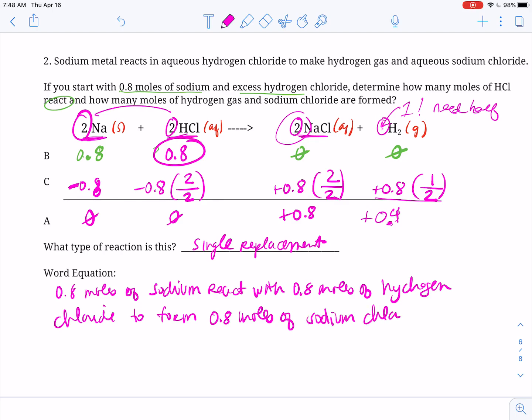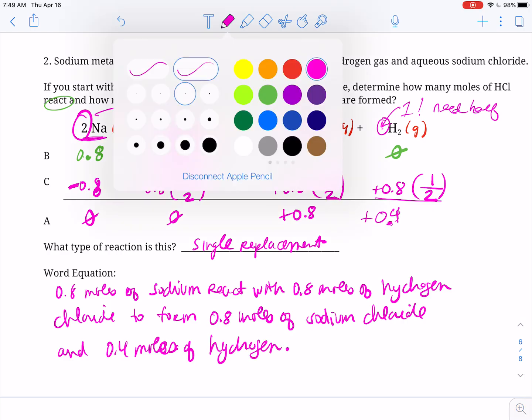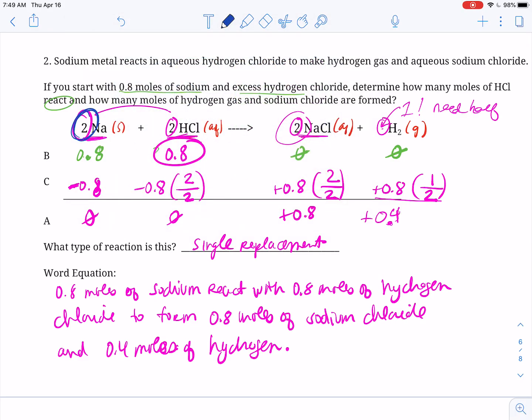If you want to write aqueous and all that, that's great. And 0.4 moles of hydrogen. So this is all about the ratios. Same, same, same, half. So that's all you're doing, you're doing these ratios.